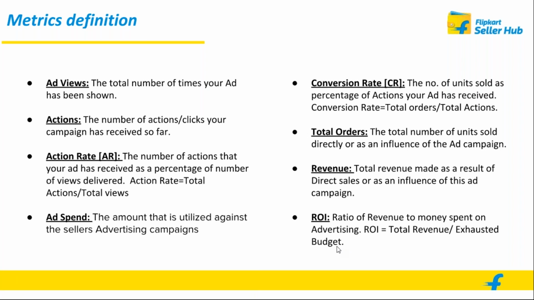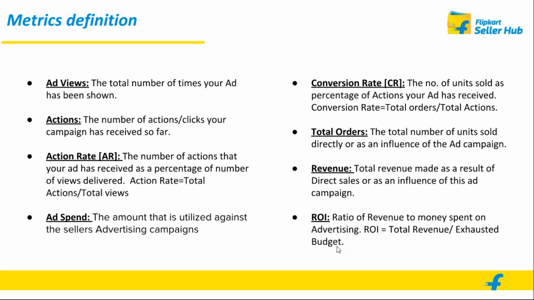Pretty straightforward. Now, I've heard a couple of concerns from some sellers regarding how ROI and the terminology that one of our competitors uses, which is ACOS, compare. If you look at it, both of these are actually ratios. ACOS comes to you as a percentage. ROI is a factor. These are just the inverse of each other.